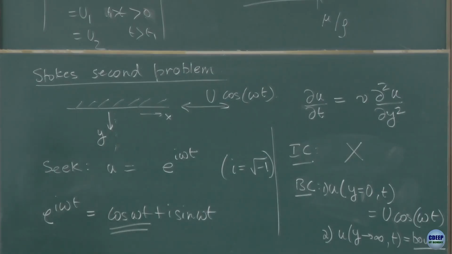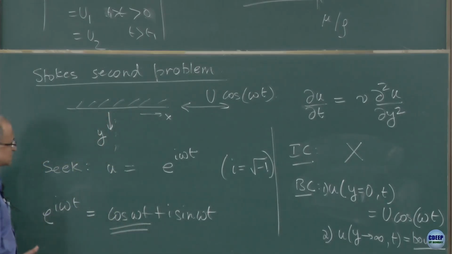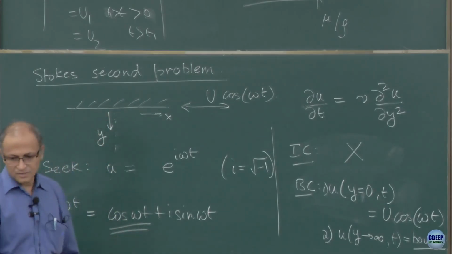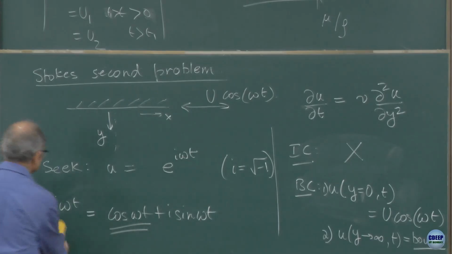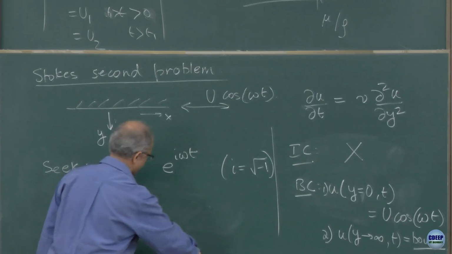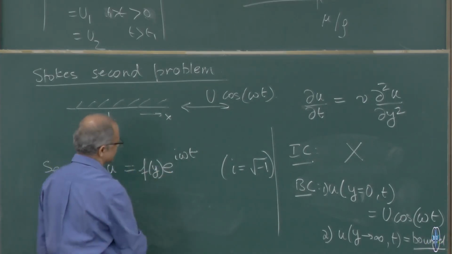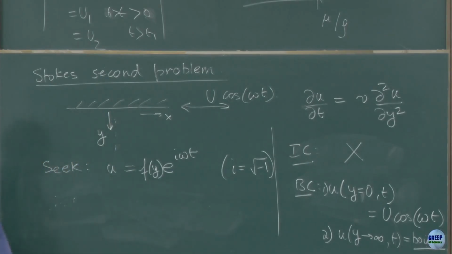The solution is not going to be just cos omega t; as we said, there would be a phase, and writing it out in this manner will help us pick that phase. So this takes care of the cos part, and then there is going to be some function of y.